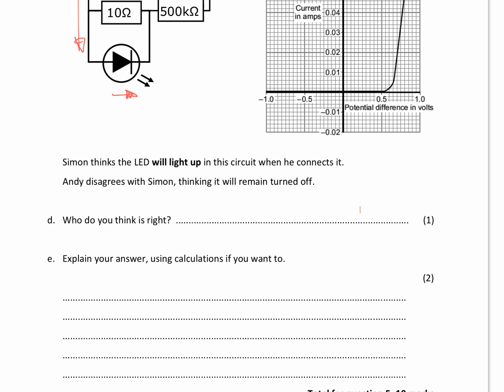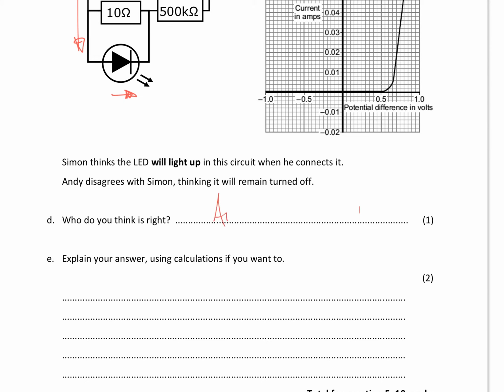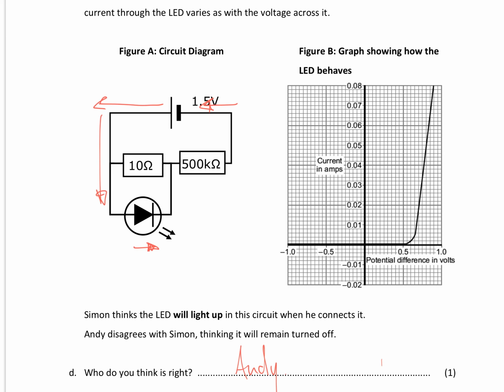However, I do think Andy is probably right, and I will go with Andy because, and this is quite a tricky question, what we need to appreciate is the respective sizes of these 2 resistors. If I work them out as a ratio with regards to one another, note this is in kilo ohms, so therefore I've got 1 to 50,000 ohms.